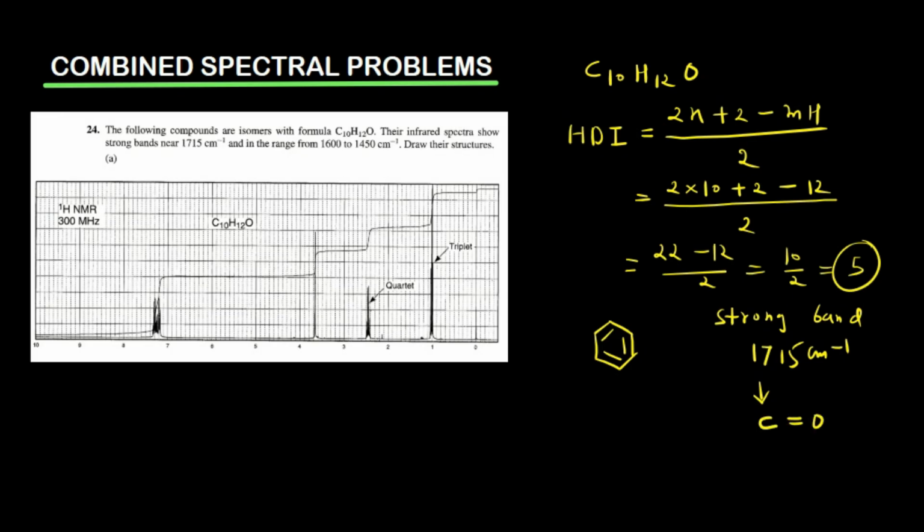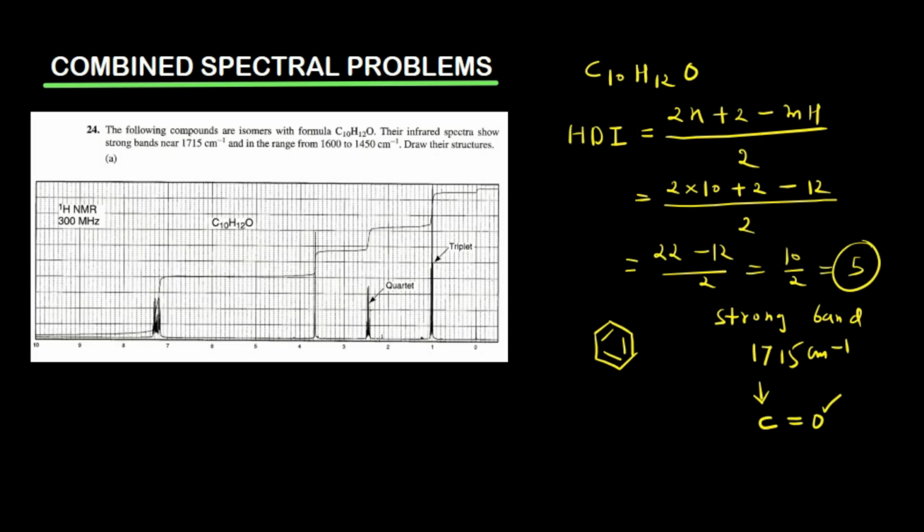And you know, the carbonyl group may be present in the acid, the aldehyde, or the ketone. But this 1715, as I already told you, is basically the carbonyl of the ketonic group, right? So there may be a possibility that a ketone is here.